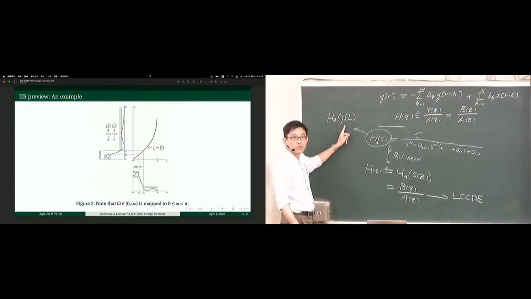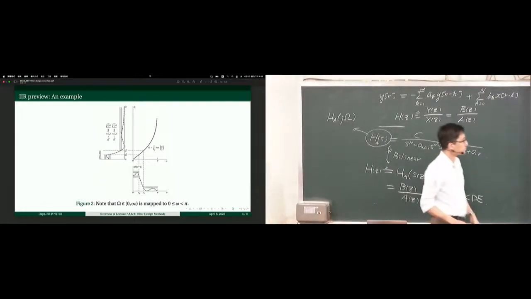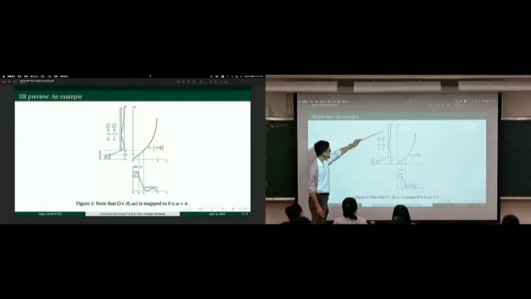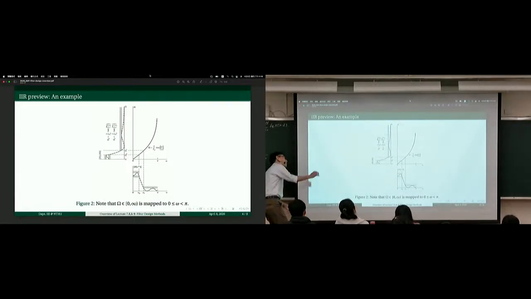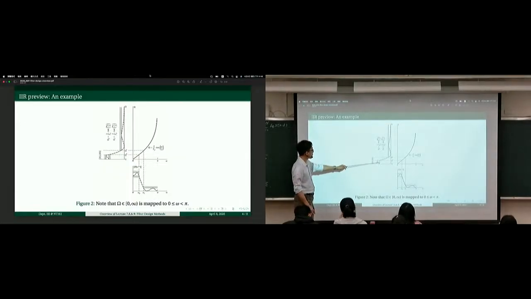That gives you a frequency response. So for example, we have a prototype with this frequency response: pass band, and stop band with ripples. You need to just look sideways. So this is an analog prototype of a low pass filter with pass band and stop band.